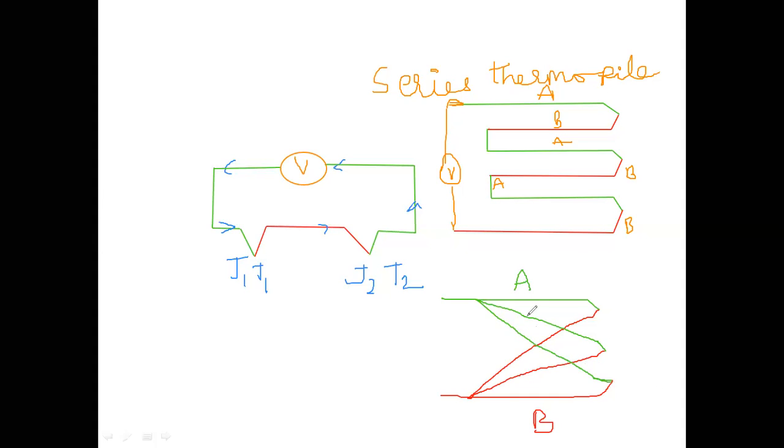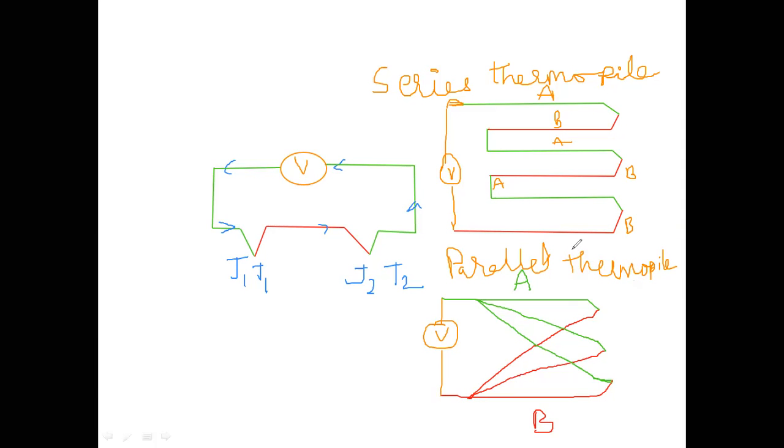So if metal A and metal B are connected like this in parallel combination, and I will connect a voltmeter here, this type of connection is called a parallel thermopile. So this is about series thermopile and parallel thermopile, right?